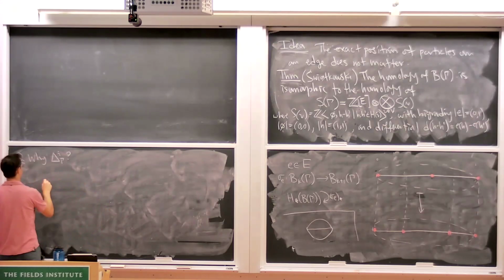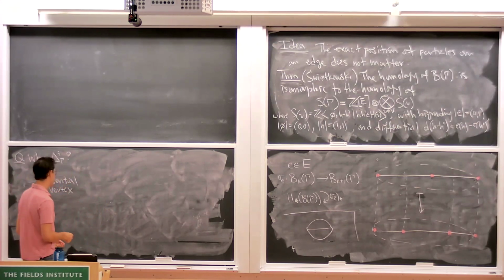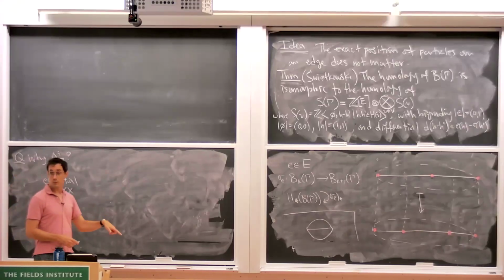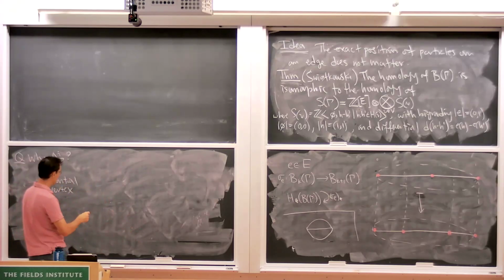So the idea is actually one of the first ideas from today. If we have an essential vertex in the graph, somehow this is all about these essential vertices. If we have an essential vertex, then we have valence at least 3. We can produce an embedding from a star graph with 3 edges into our larger graph at that vertex. We have to make choices to do that, but that's okay.